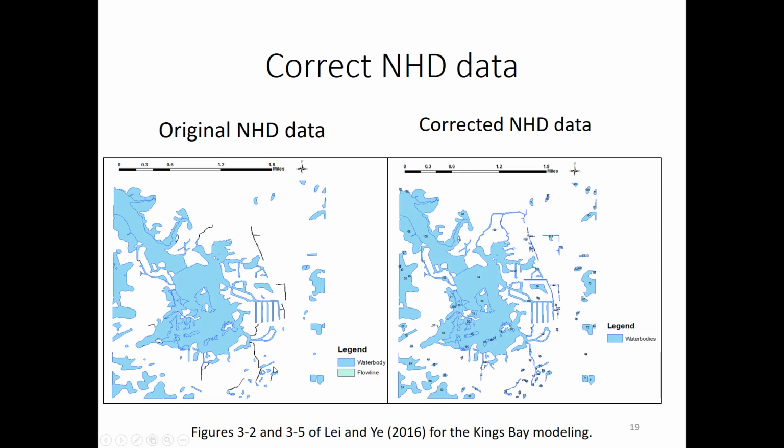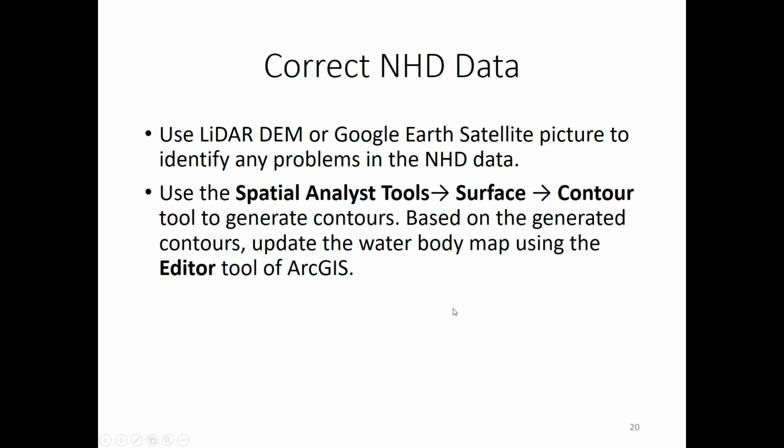So here, and in several other areas, wherever we have a water polyline in NHD data, we need to determine whether it's just a very small water body like a line, or whether we had to buffer it to create a polygon like what we did here.